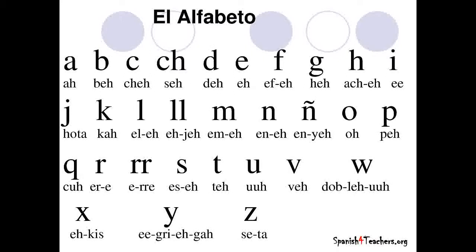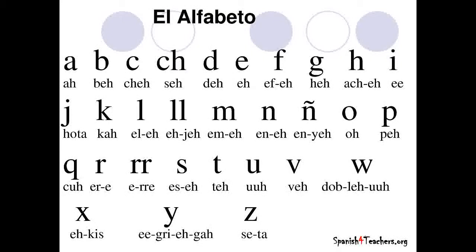The English letter T is called te. Todo. Todo, everything. The English letter U is called U. Uva. Uva, grape.